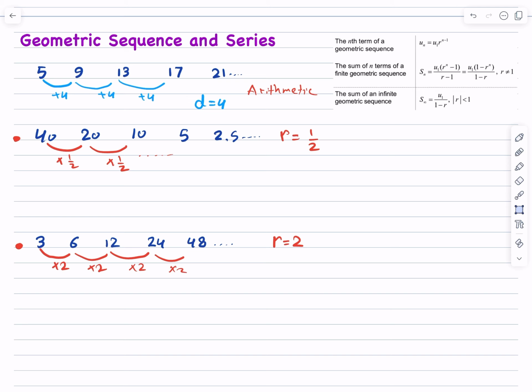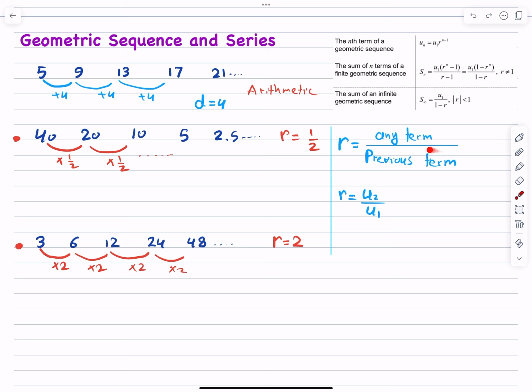And now we will have a very important idea about the common ratio R in geometric sequences. R, or the common ratio, would be any term or any number divided by the previous term. So for example, to get the common ratio R, we can divide the second term by the first term, or we can also equivalently divide the third term by the second term, or the fourth one by the one before it, and so on.